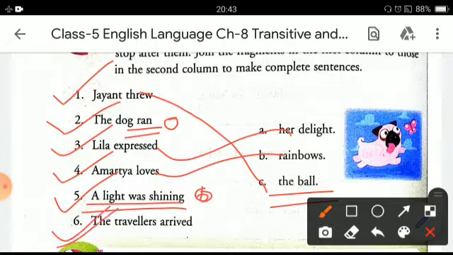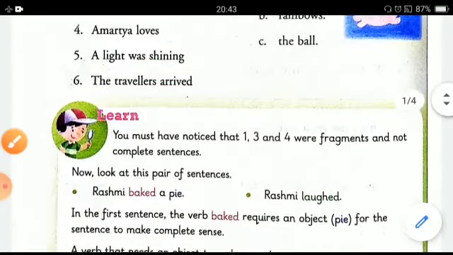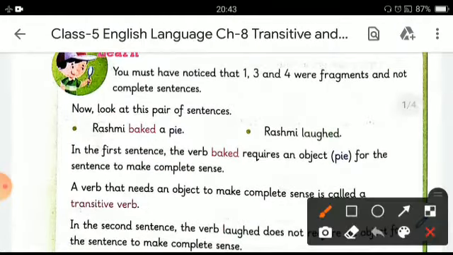Again, the sentence is having a complete sense. It's a complete sentence but having no object to it and the sentence is ending with the verb arrived and it's an intransitive sentence. You must have noticed that the 1st, 3rd and 4th were fragments and not complete sentences.